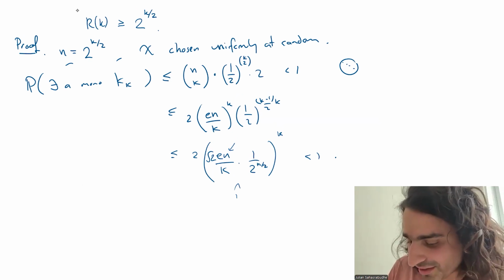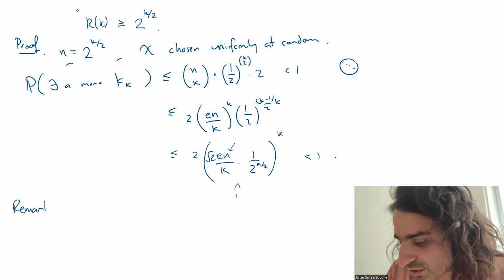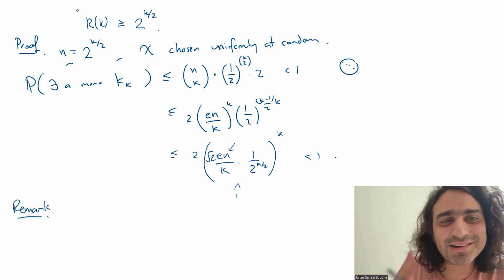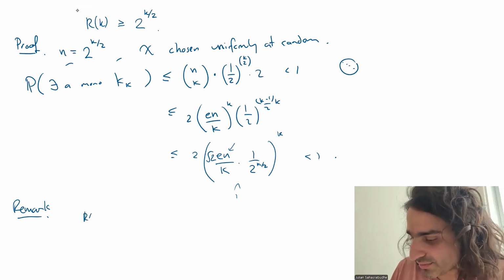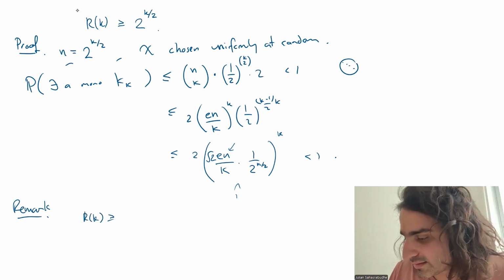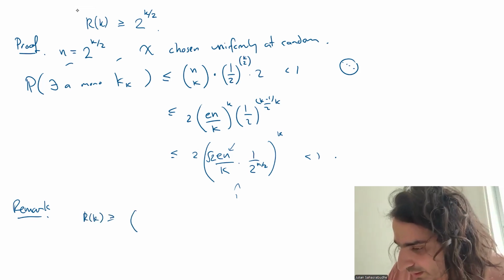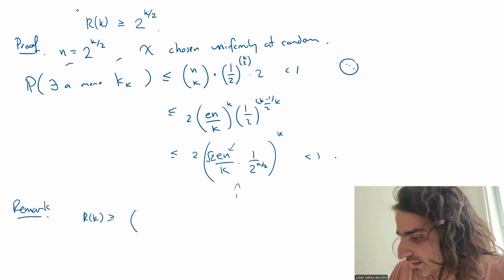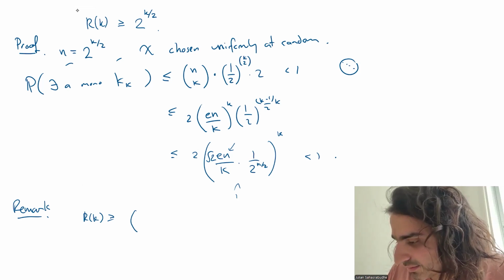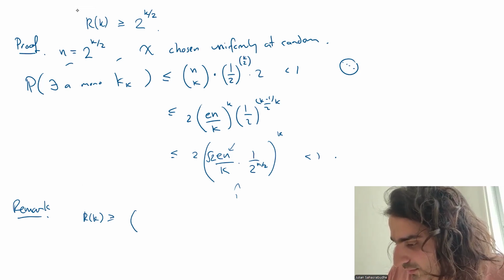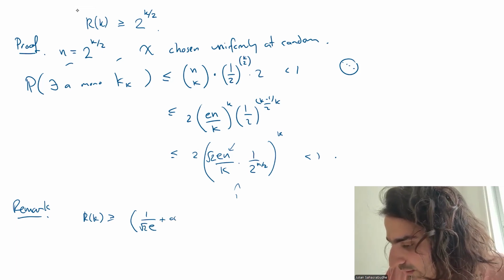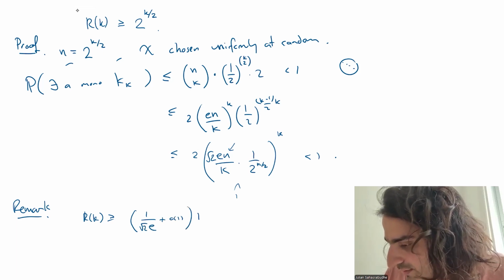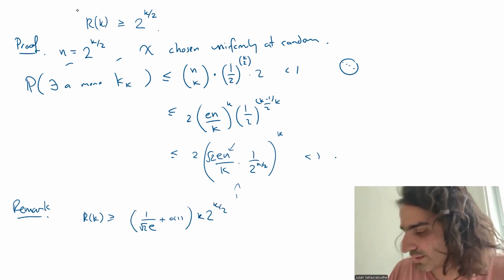Let me just remark here that we actually prove something slightly stronger here, right? If you do this numerics a little bit more carefully, it proves that R of k is at least (1 over root 2 times e, plus little o(1)) times k times 2 to the k over 2.